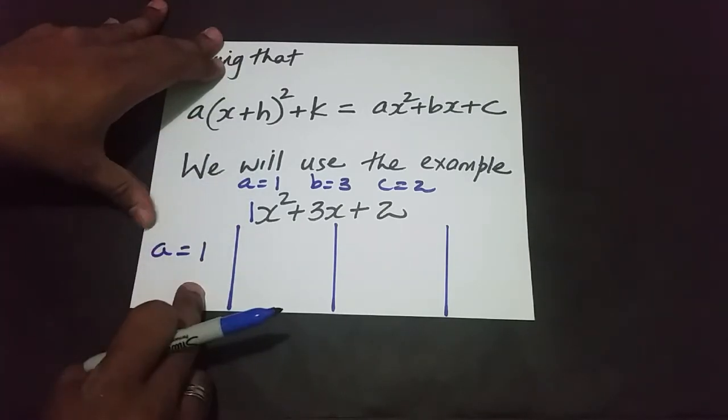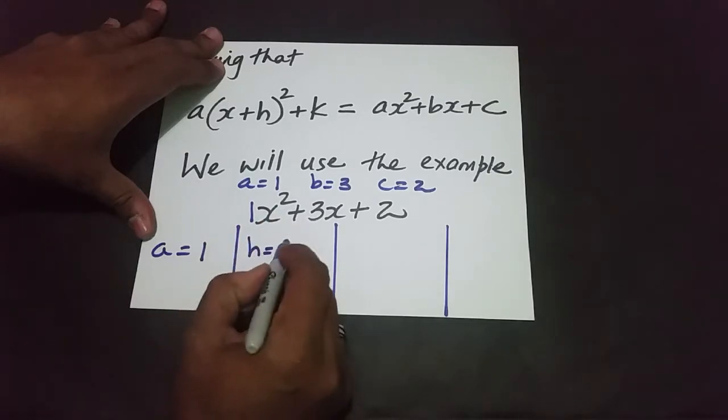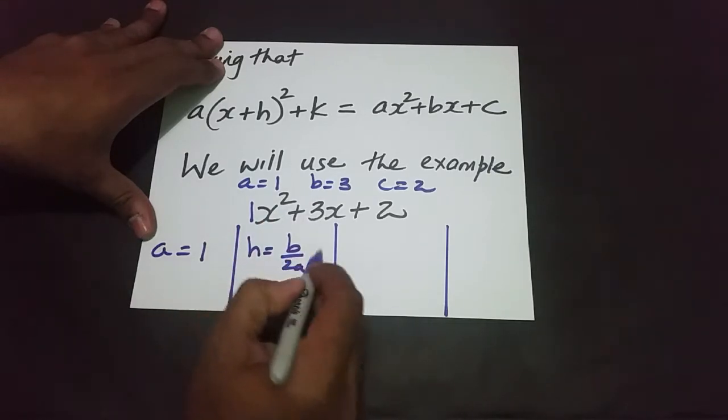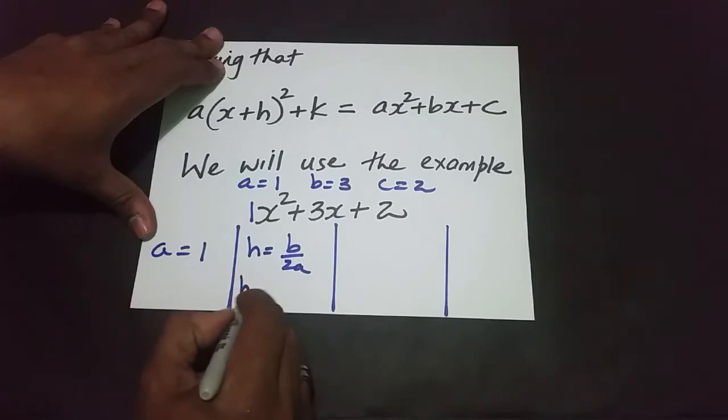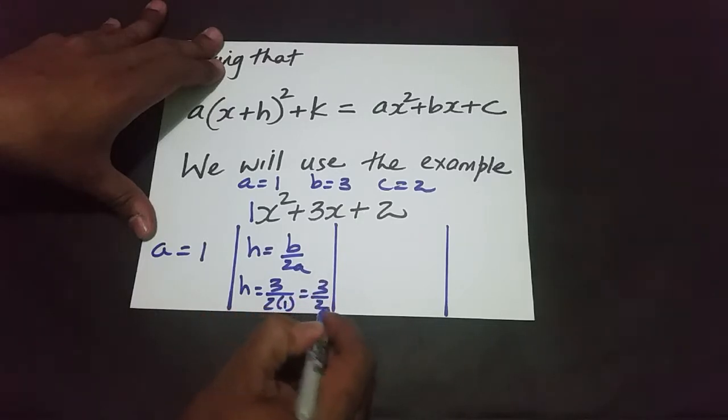So the value of A is 1, and the value of H is B over 2A. And this simply means H is equal to B, which is 3, over 2 times 1, which is just 3 over 2.